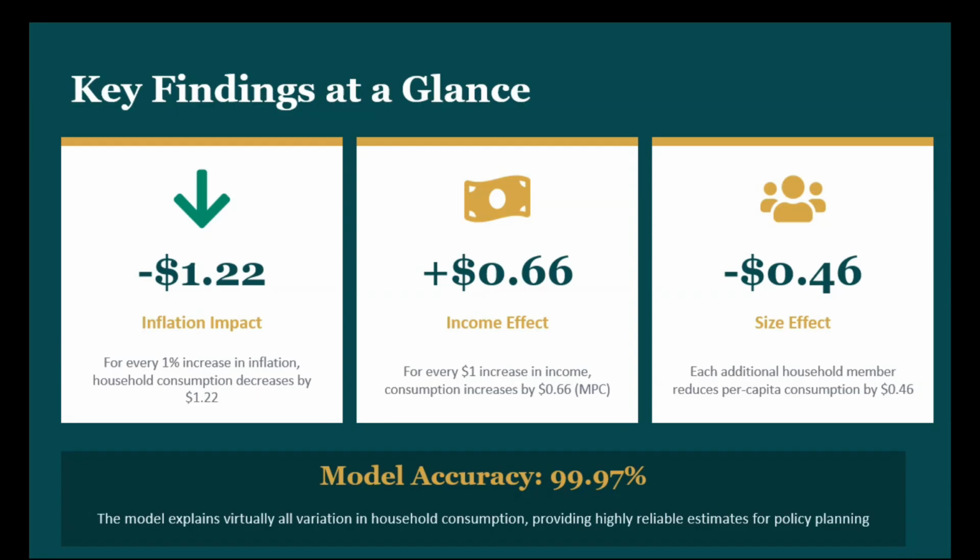The key findings. Okay, now Manyanga is going to interpret the result, even though it's a simulated data set. So the inflation impacts every dollar, every percent. Every 1% increase in inflation is making a household in South Sudan decrease consumption by $1.2.